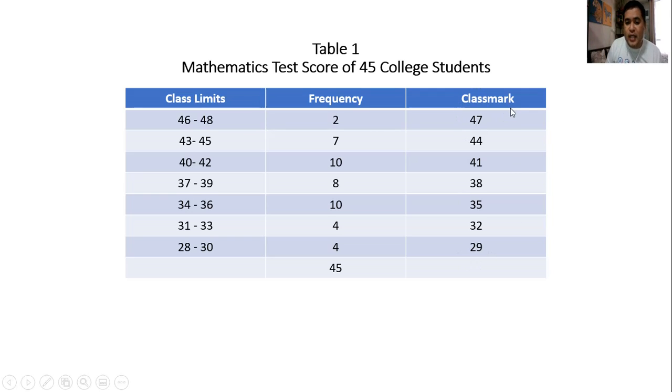So what is the class mark? Class mark is usually the midpoint of every class limit. Say for example 45 to 47, therefore the class mark is 46, the middle score of 45, 46, 47.